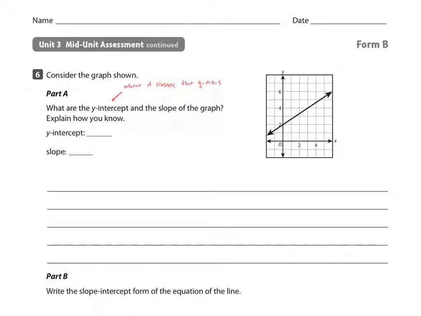Your y-axis is the vertical one. So the only thing that you're looking for is wherever it crosses, right here. So your y-intercept is just that number, 2.